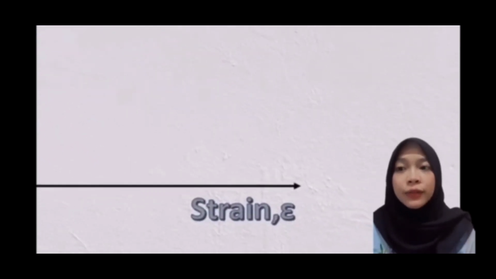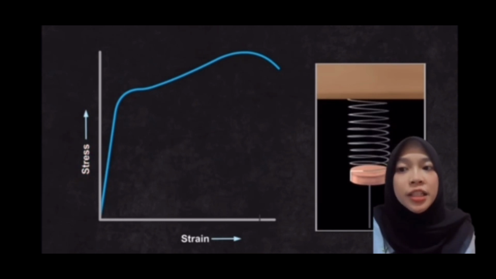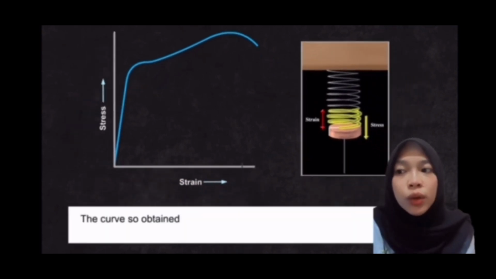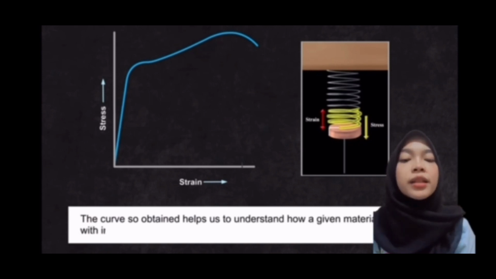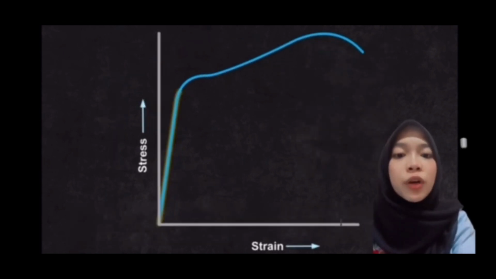From the graph, we can see that stress and strain have a linear relationship between points O to A. Stress is directly proportional to strain in the region O to A. This is Hooke's law. At point A, stress is not in linear relation to strain.